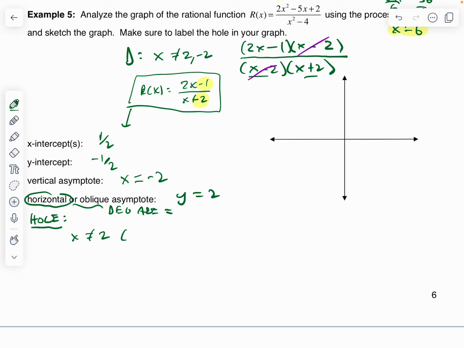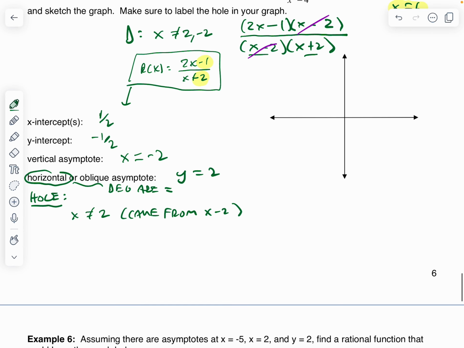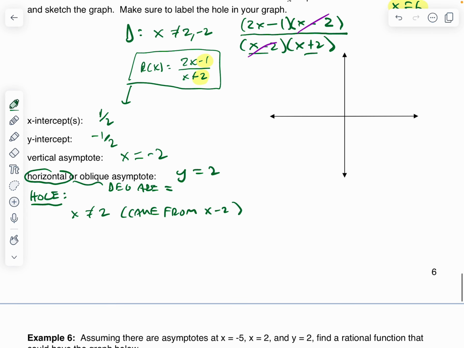So this came from the x minus 2 factor, okay? And we're going to use this value to find the hole. To find the hole, you're just going to plug in x equals 2 into the reduced equation, to find the y-coordinate.